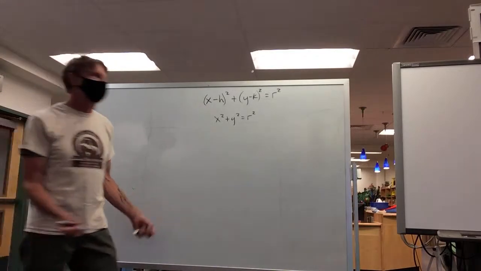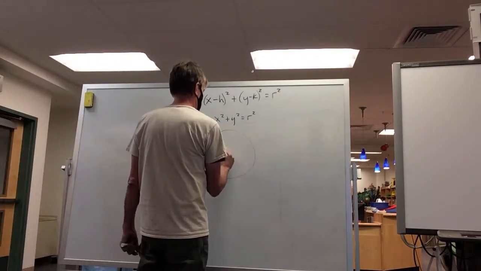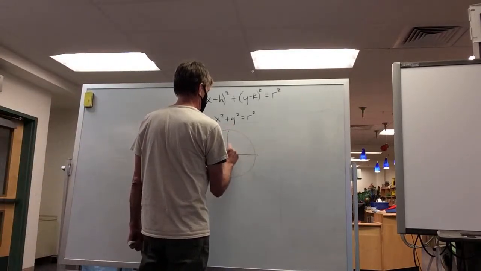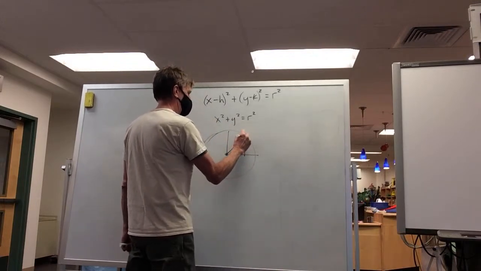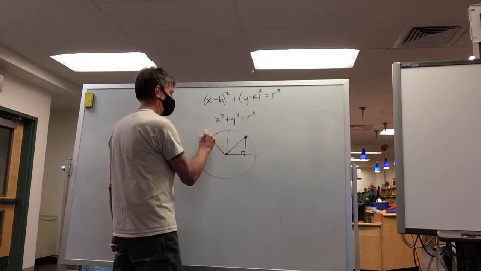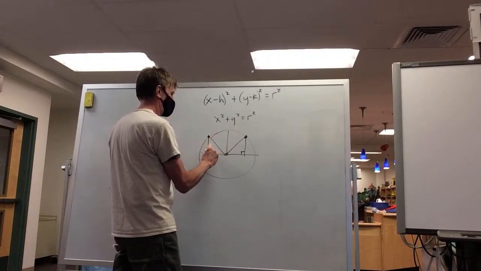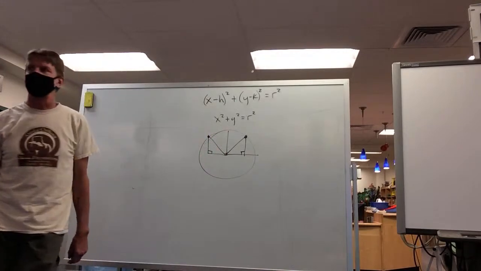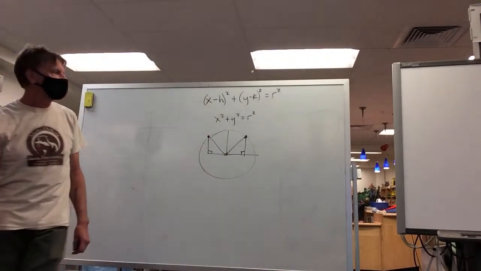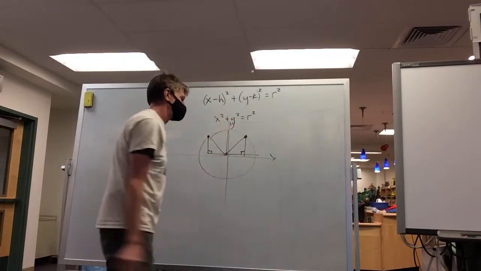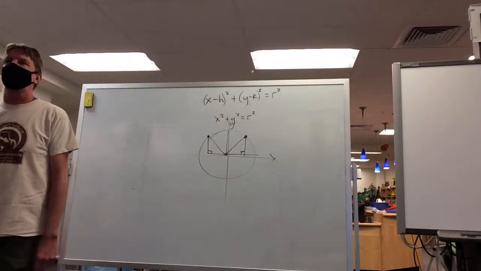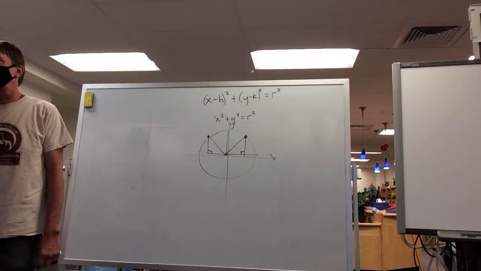So everywhere that we draw a circle, it's just triangles. It's all triangles. That's all it is. It's an infinite number of triangles.